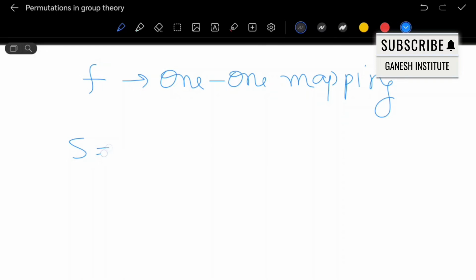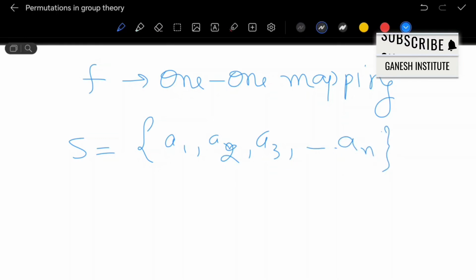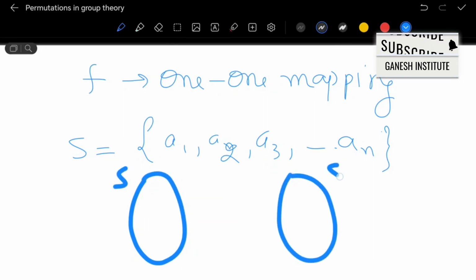Let's say I'm having a set S, and that is having n number of elements, A1, A2, A3 and so on up till An. Now, you have here S and here also S. So you are making an arrow diagram. Here you have many elements like A1, A2, A3 and so on.